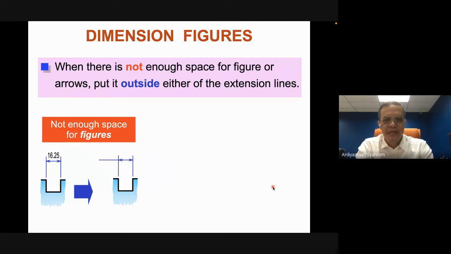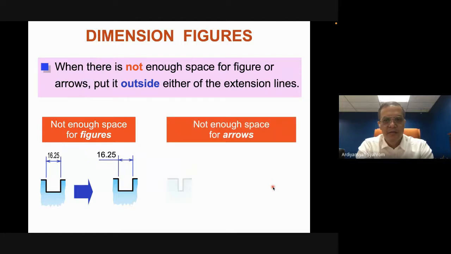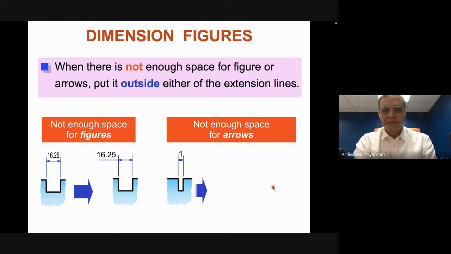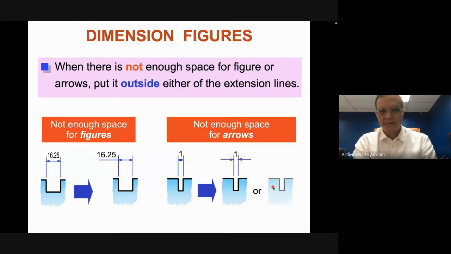Then you extend that one. If there is not enough space for an arrow, you give it outside. No, please don't do that. Then the dimension outside. Please consider that one.